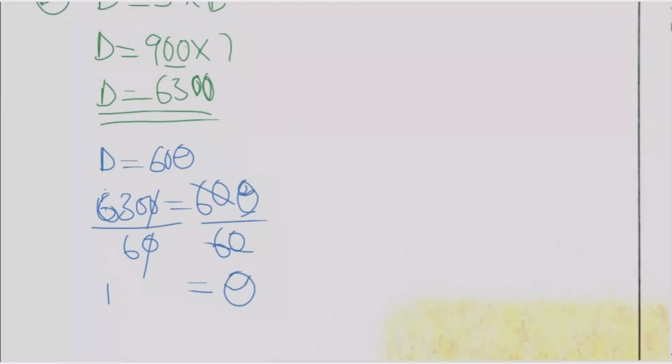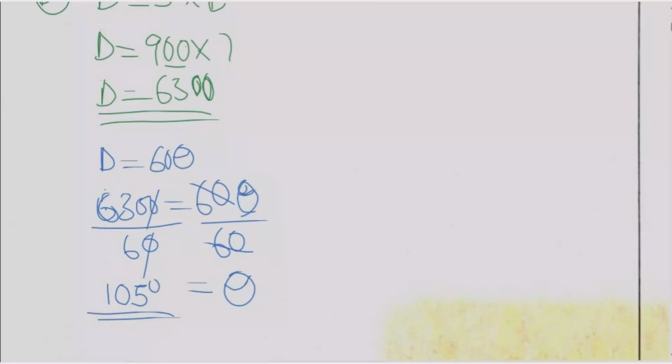Let me say 6 into 600, it will go 100 times. 6 into 30, it will go 5 times. So 6 into 630, it will go 105 times. So that is the value of theta.